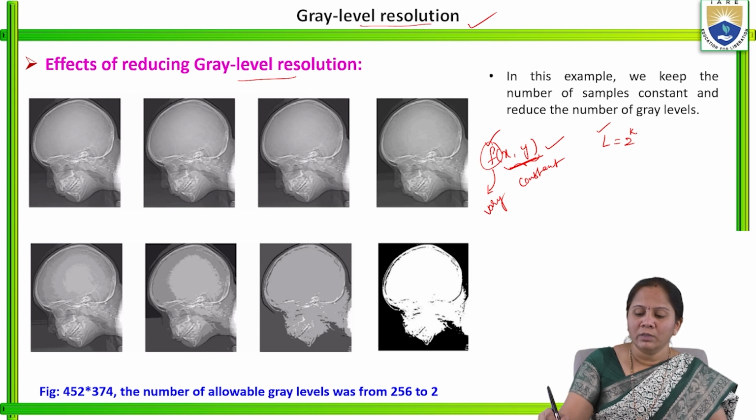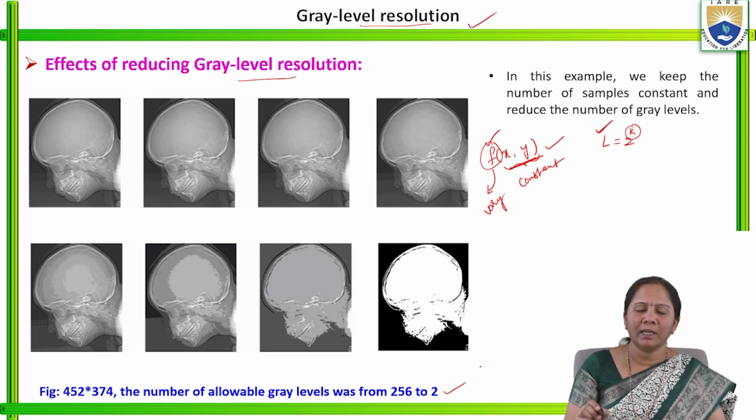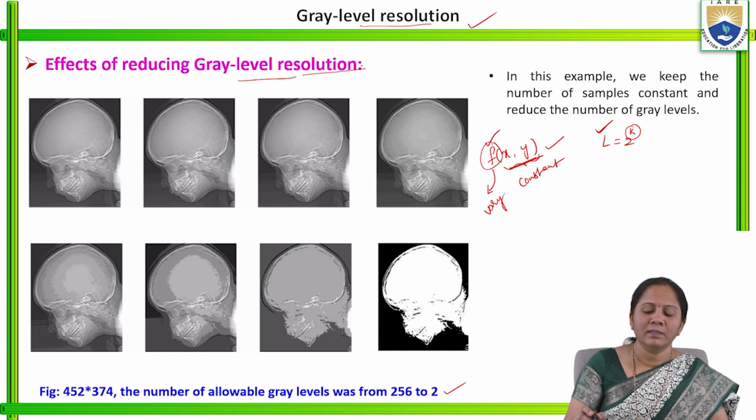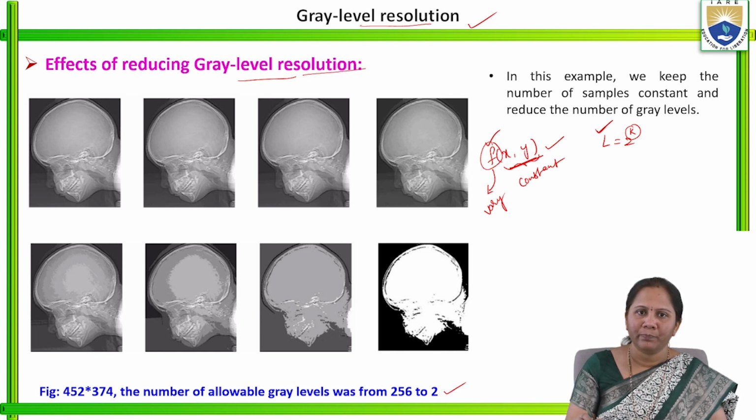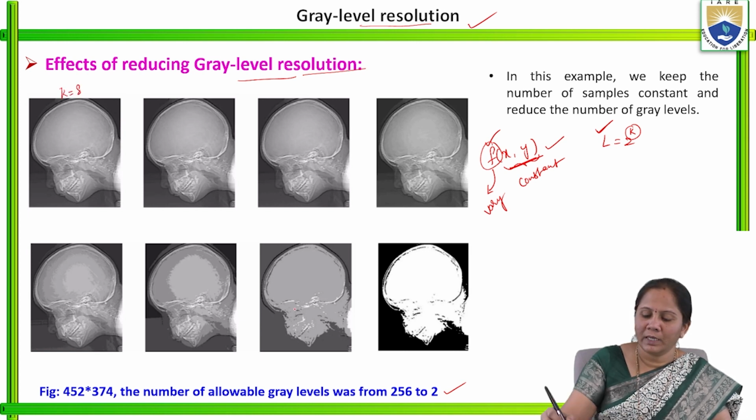So the value of L reduces based on the value of k. To understand gray level resolution clearly, consider this example. In the first image, let us consider the value of k to be 8, where k is an integer.